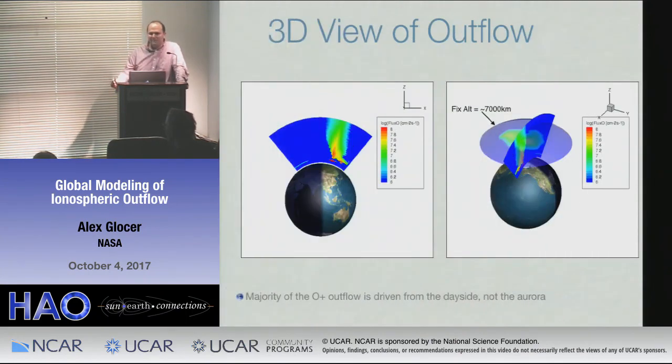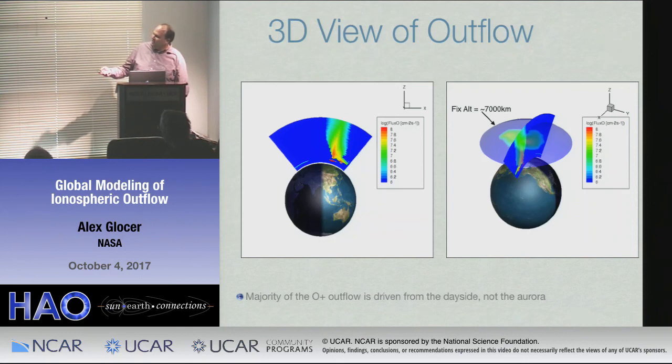And so the last result I want to show is the 3D view of the outflow. Actually, I mostly wanted to show this because I like the visualization. But there is actually a science point to it, but the visualization was fun. It's showing you at one particular time in the simulation how the outflow is largely coming, at least in this cut, from the cusp region.